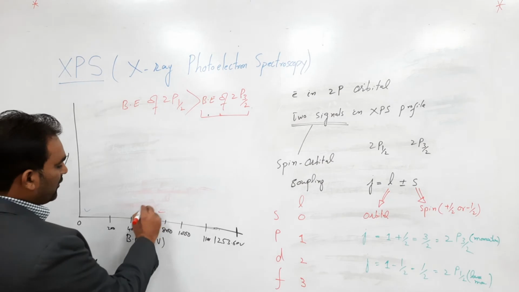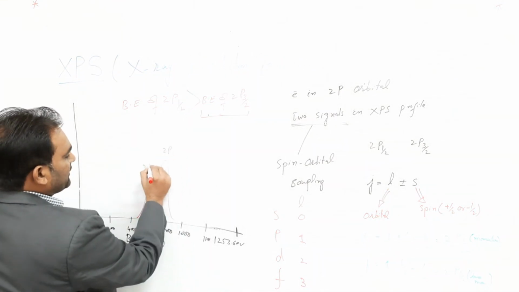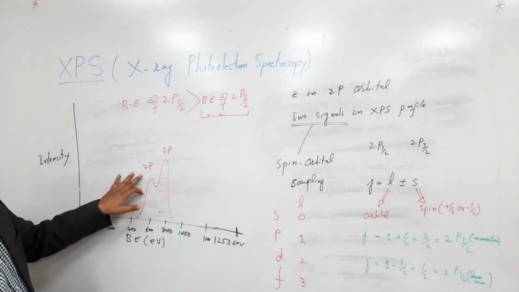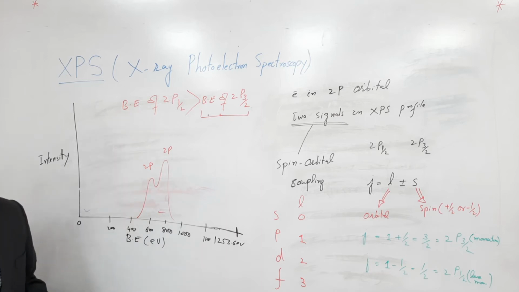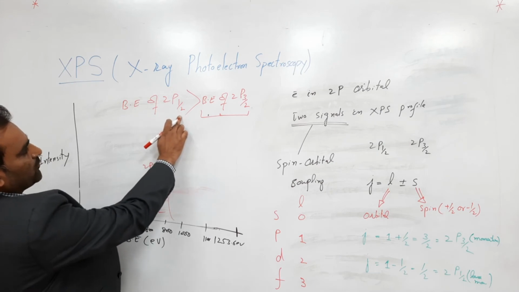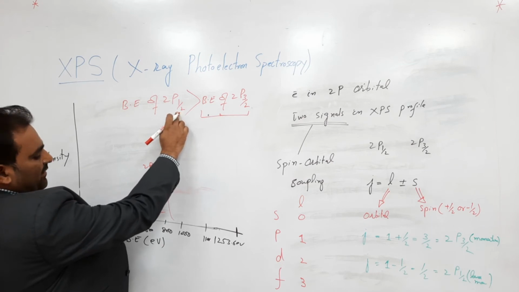Suppose now these are two signals, and we know this is 2p and this is 2p. Now we have to identify which signal corresponds to which type of binding energy for the electron. We have 2p 1 by 2, lower J value, which has lower kinetic energy and higher binding energy.